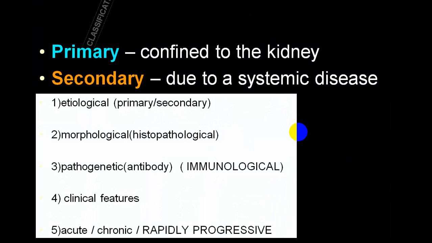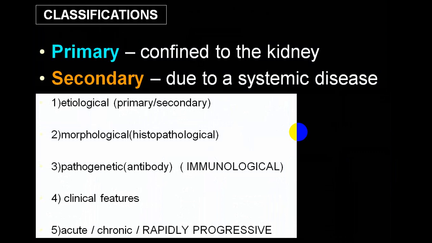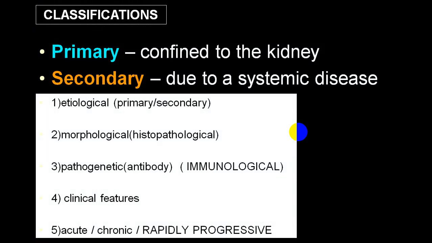Another way to classify is primary and secondary. Primary means a primary involvement of the kidney. Secondary means the kidney is involved secondary to a systemic disease, for example SLE. We can classify according to etiology, that is primary or secondary. Morphological means histopathological diagnosis.